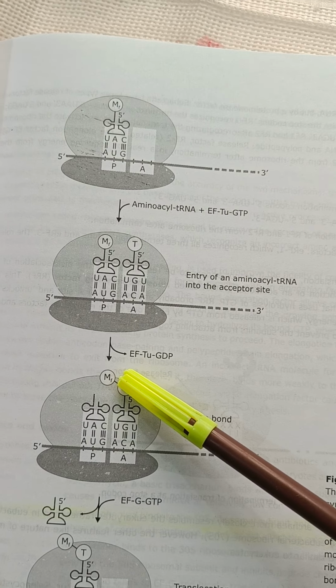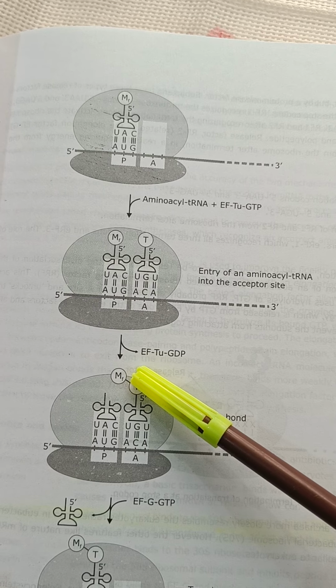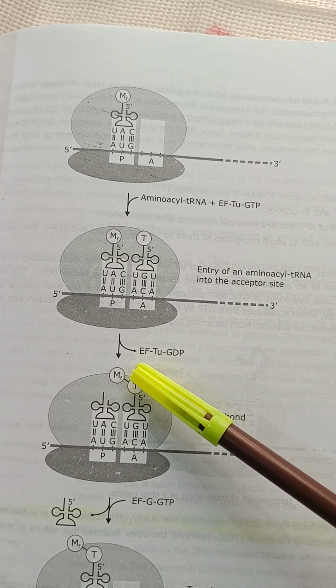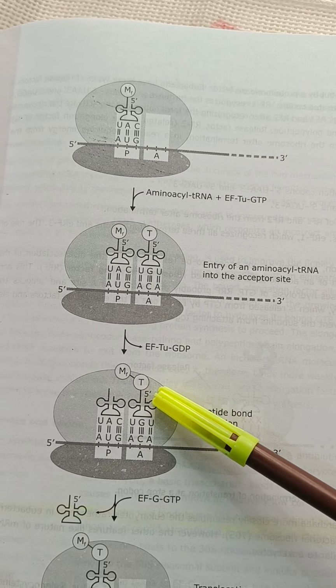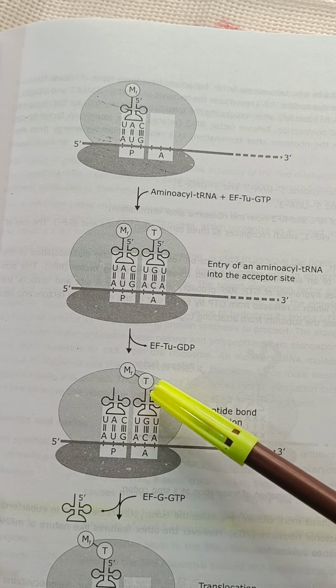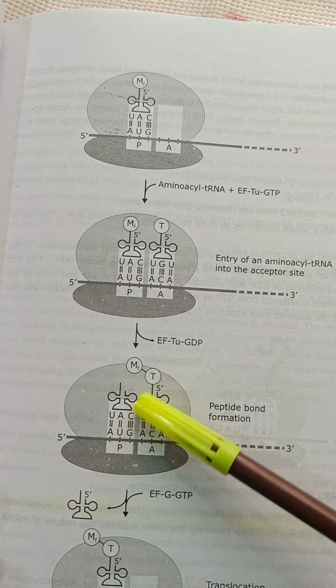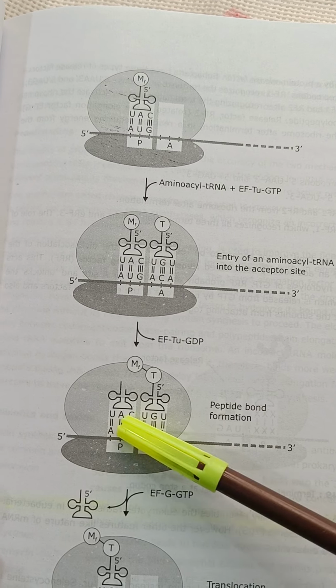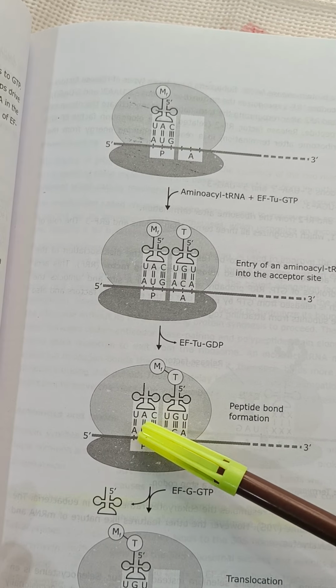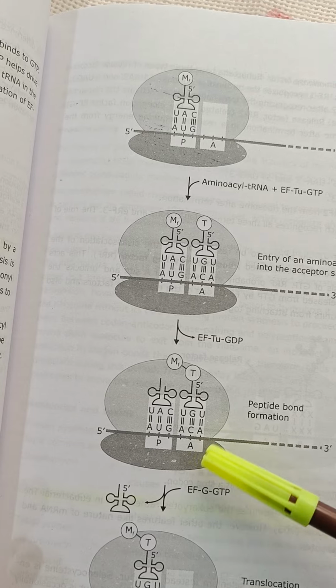This peptidyl transferase is not a separate enzyme. This enzymatic activity is present within the larger subunit of your ribosome. Okay, so you can see the peptide bond is formed between the amino acid present in the peptidyl tRNA site and the aminoacyl tRNA site.